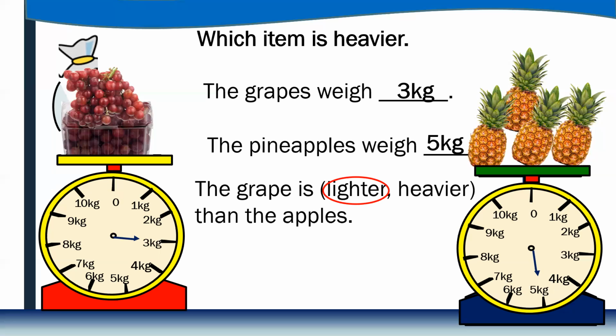Now, I want us to compare the grapes to the pineapple. Let's look at that now. So there we have a number sentence for you to compare the grapes to the pineapples. Do you know what symbol we will use to compare the grapes to the pineapples, boys and girls? Wow, excellent.